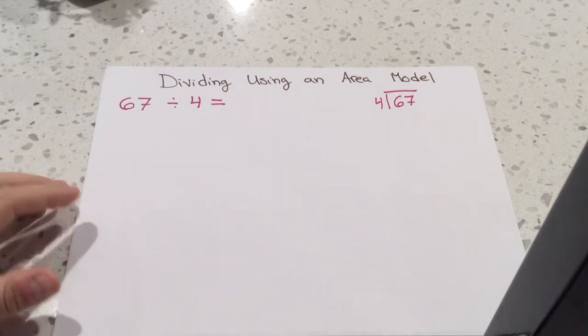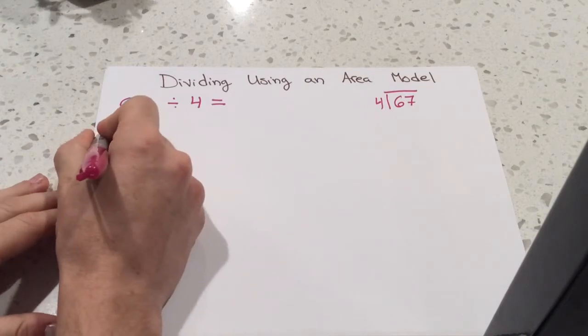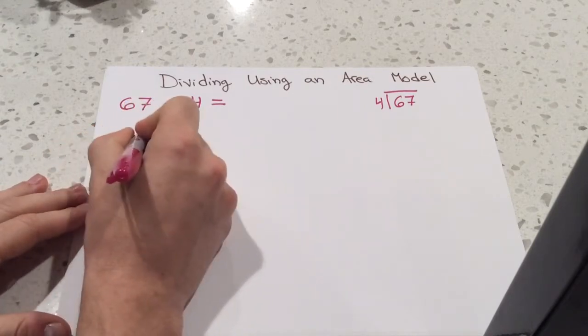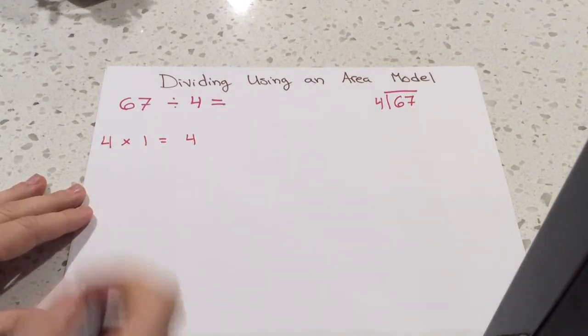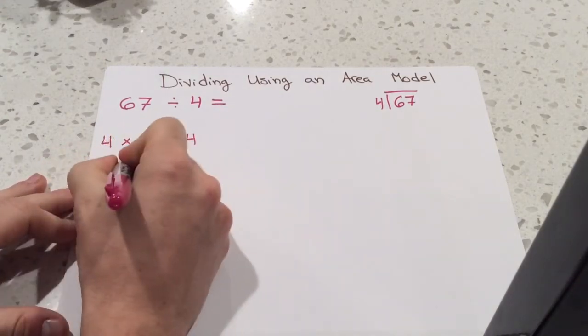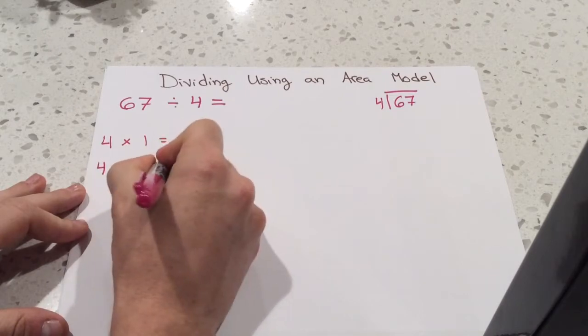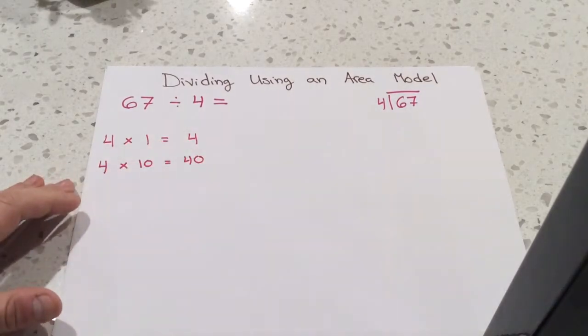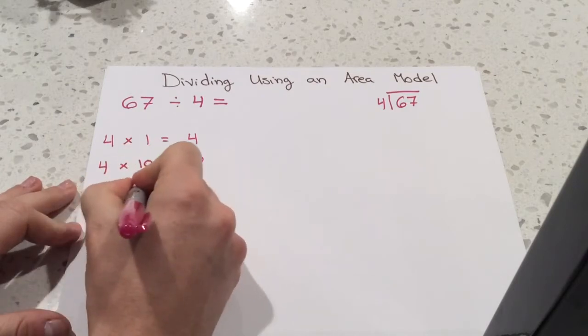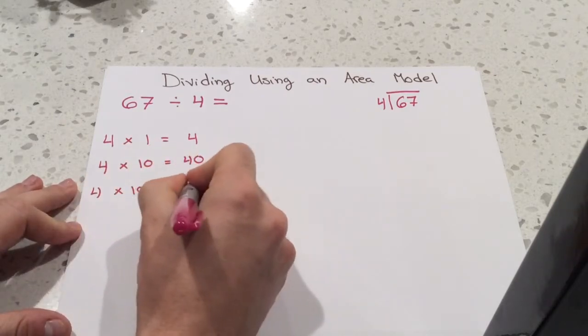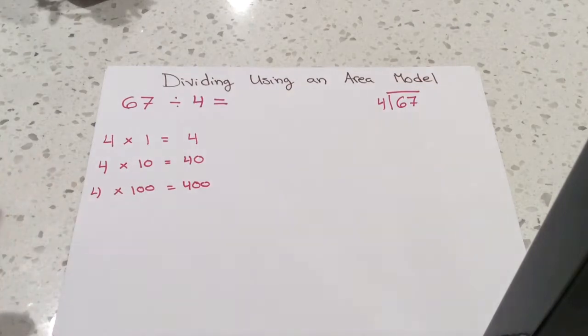Because I'm dividing by 4 here, right away I want to think about some of my basic facts. I know 4 times 1 is 4, and using my knowledge about powers of 10, I certainly know that 4 times 10 is 40, and 4 times 100 would be 400.